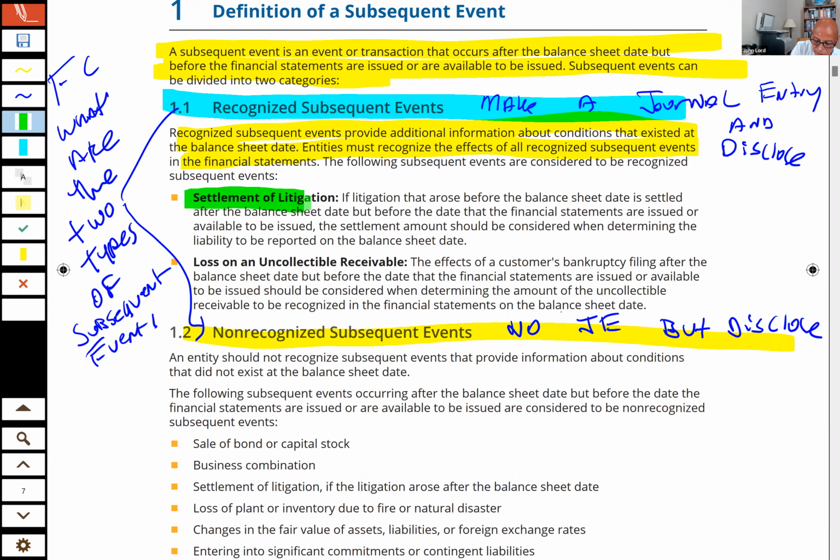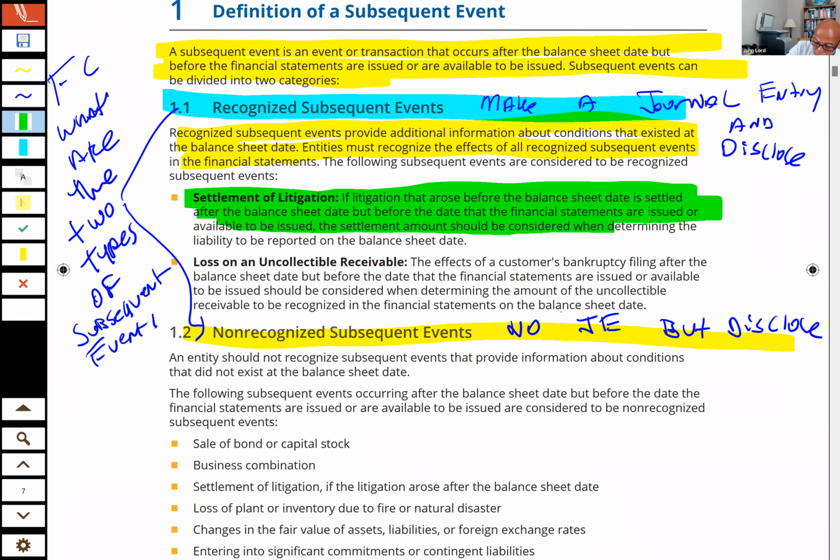Settlement of litigation. If litigation that arose before the balance sheet date is settled after the balance sheet date, but before the financial statements are issued, the settlement amount should be considered when determining the liability to report on the balance sheet. In other words, you will debit a loss for whatever the amount was, and you will credit what?